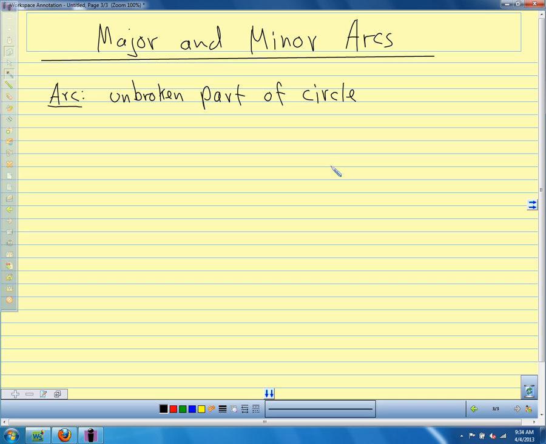We're talking about just a piece of the circle. The endpoints of our arc are on the circle. So we're not talking about a piece that starts on the circle and then goes off. So an arc is an unbroken part of the circle and its endpoints are on the circle.